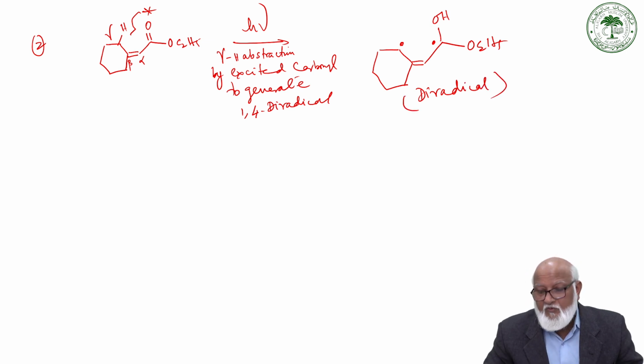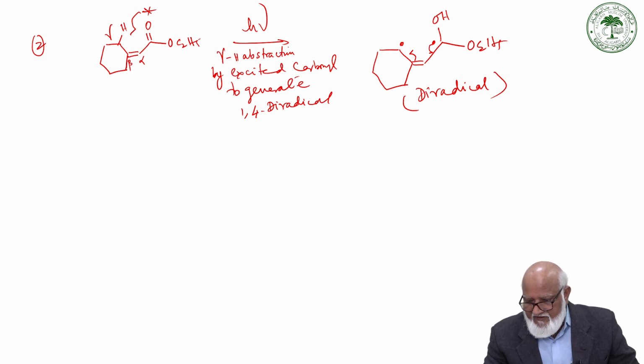It is going to be a highly unstable system if combined, because it is connected to a 6-membered ring, a 4-membered ring with a double bond. So it is nicely set because both the radicals are in conjugation with the double bond, so it can generate another species like this.